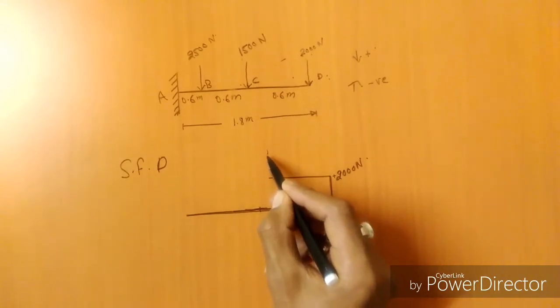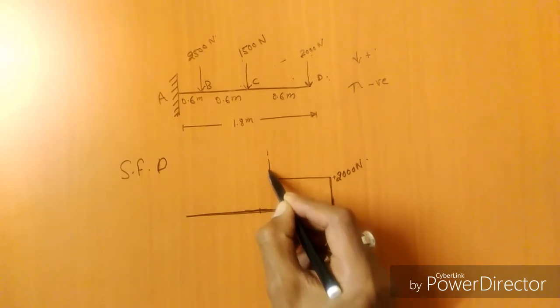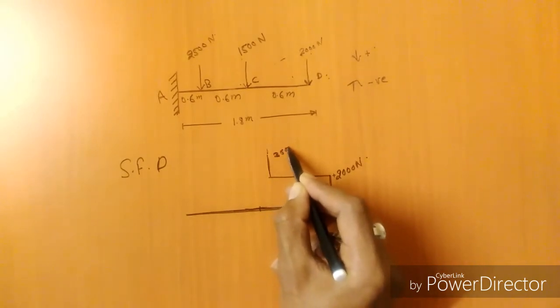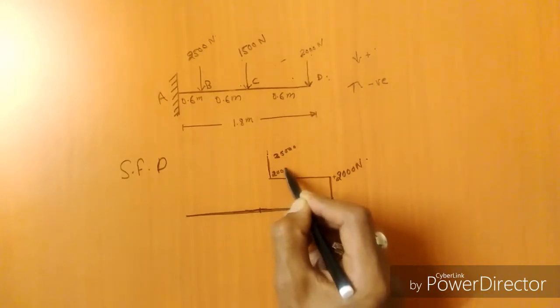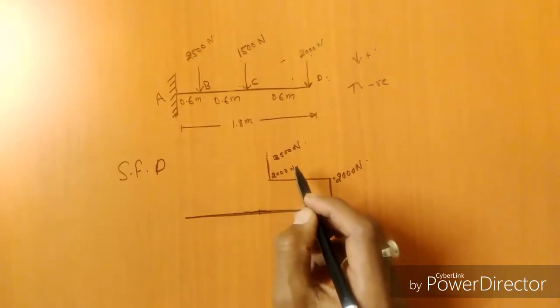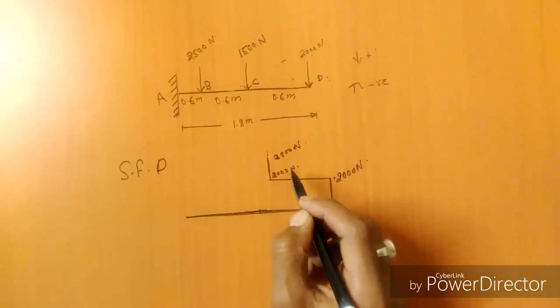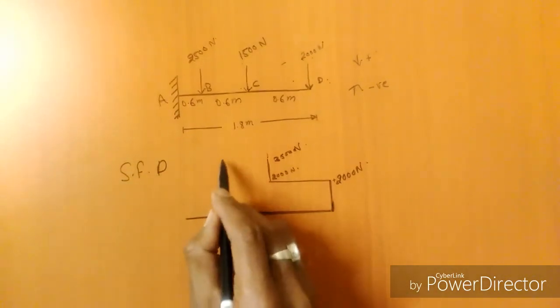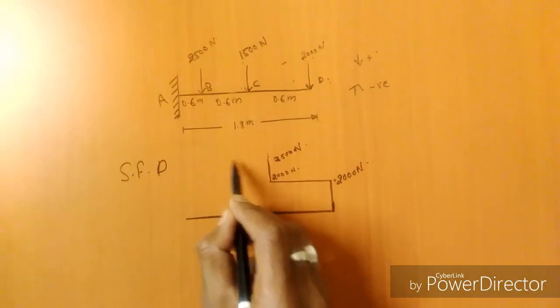So this is 3500 Newton, rising from 2000 Newton. And shear force just on the right hand side of B is equal to 3500.